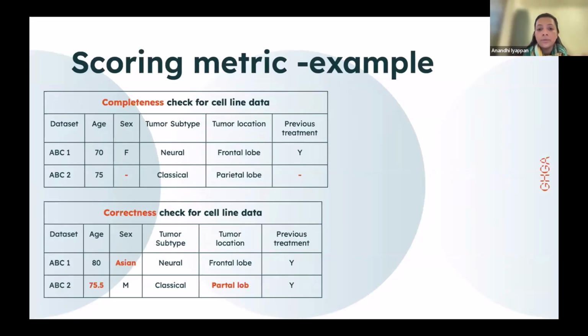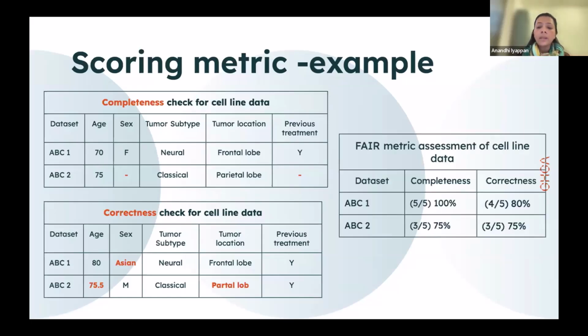One row shows you that the information that has been filled is correctly done. And in the second row, you can see that the information for sex and the treatment is not mentioned. If you look at the correctness, obviously the information in the first row is incorrect as far as sex is concerned, and also the tumor location is not correctly mentioned in the second example.